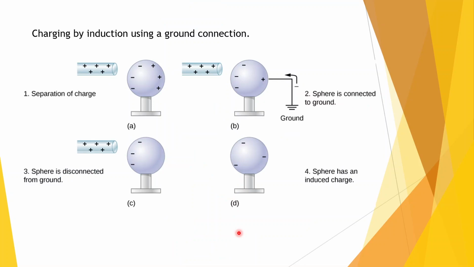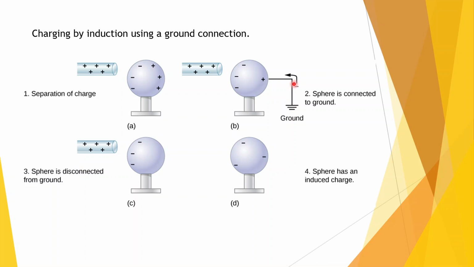All right, there is one more way we can charge by induction, using a ground connection. So first we have these two charges, and we're just coming into close contact, again, not touching, but close contact, so that we begin to have a dipole.